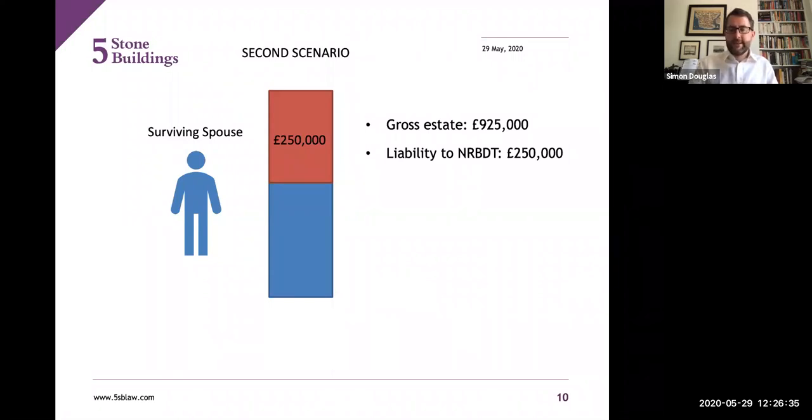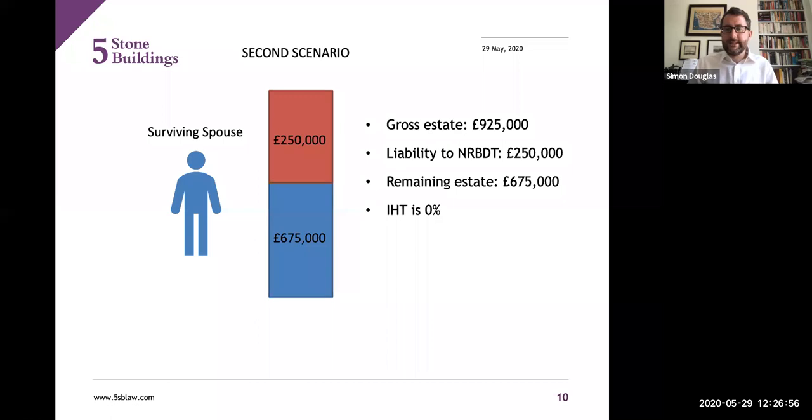That means that the surviving spouse's estate, the net estate, is worth £675,000. Now, combining the surviving spouse's residence nil rate band and their general nil rate band, that means that their estate is outside of inheritance tax, that their net estate falls entirely within the exemption.